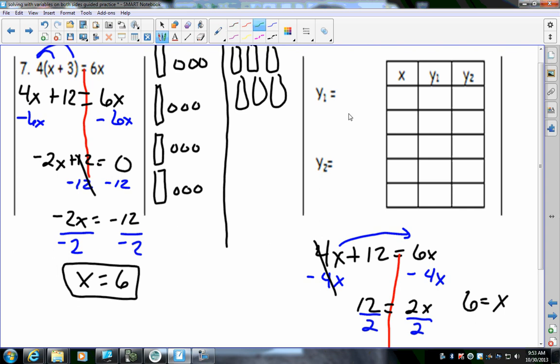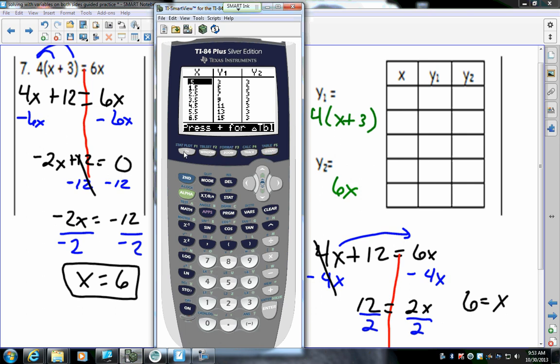Now, to check it, in y1 I put 4 parentheses x plus 3, and in y2 is 6x. Second graph.